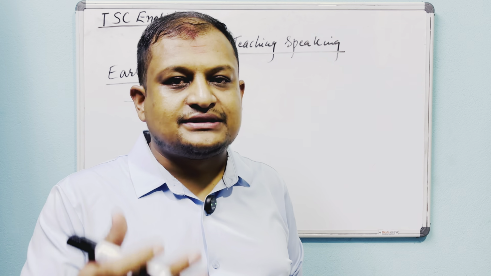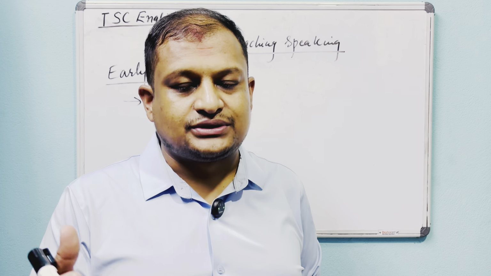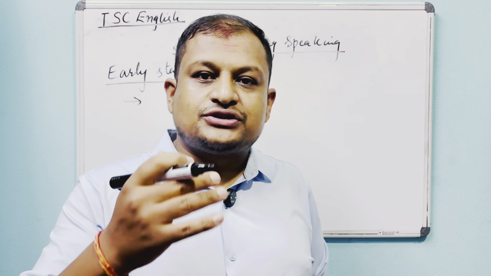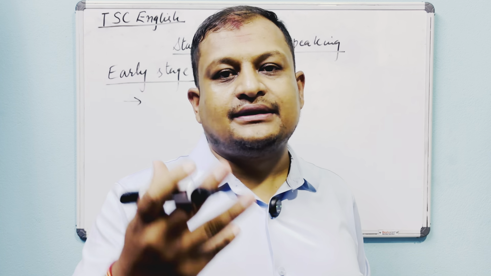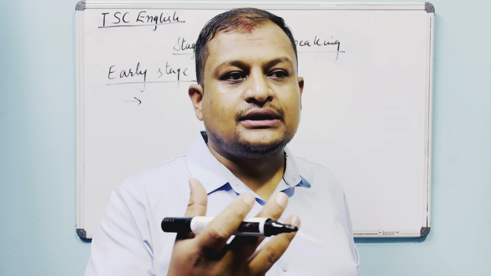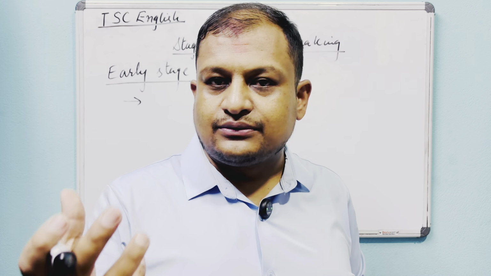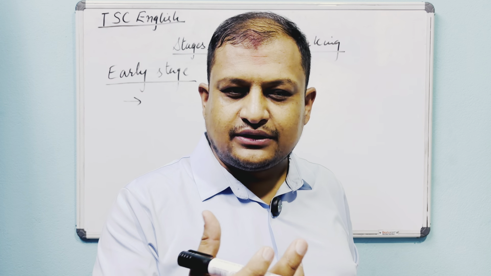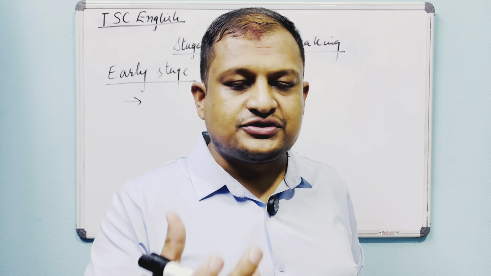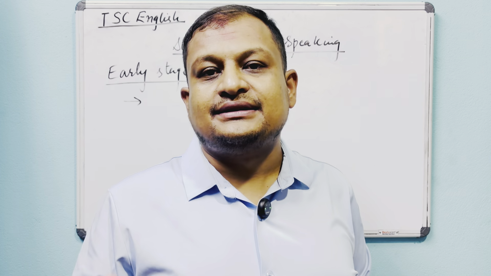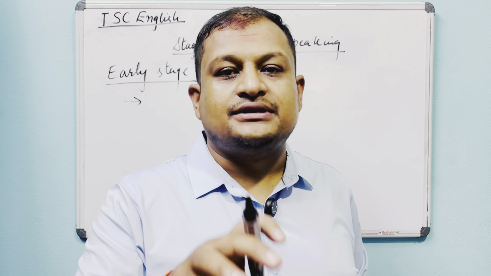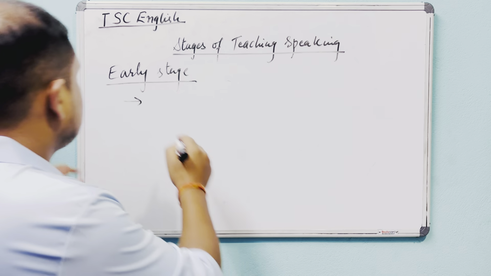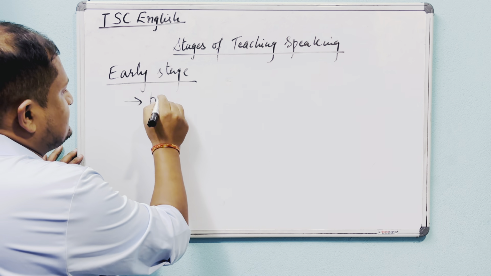The teacher presents the new language item to be taught, and the learners listen to the teacher very carefully. They try to understand what is being taught, and through that language item they try to understand the form, the function, and the degree of formality of language. So let us write that down. It is also known as the presentation stage.